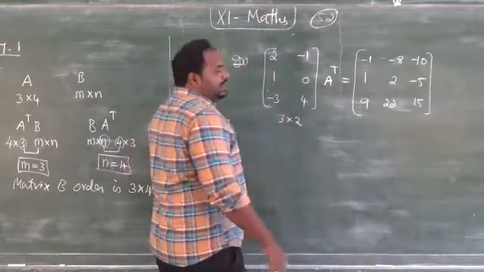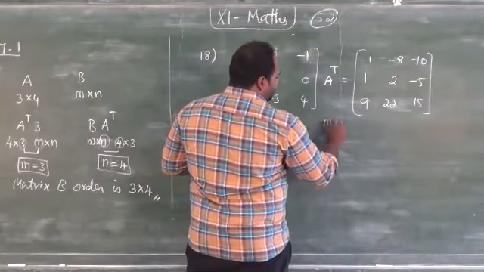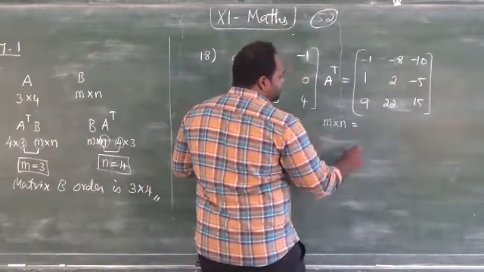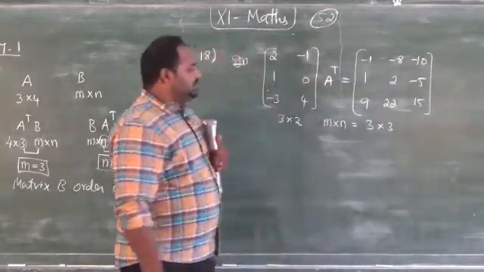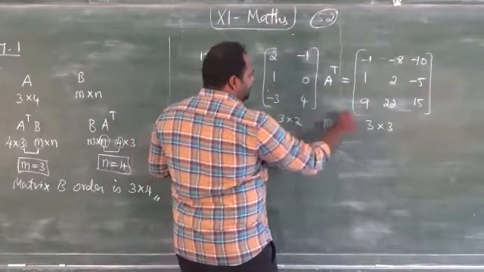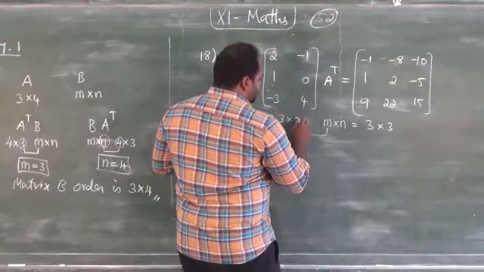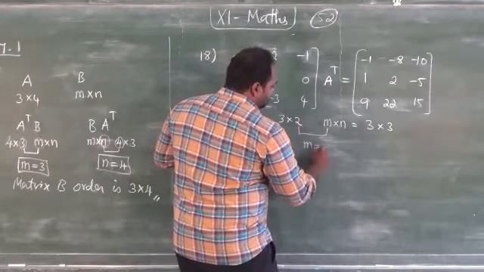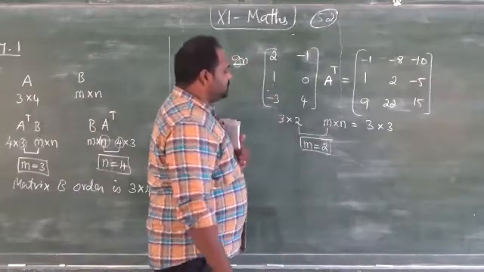We do not know the order of A transpose, so I am going to take m cross n. The other side is 3 cross 3. Since this is defined, these two values must be equal, so m is equal to 2.